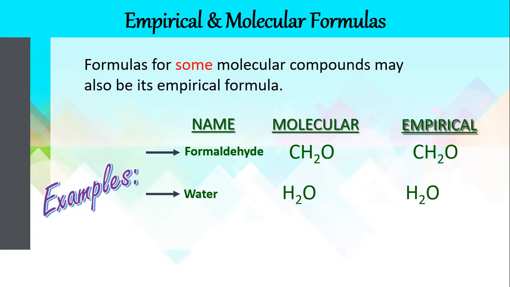For water, we all know that for every two hydrogens, you have an oxygen. So a molecule of water has exactly two hydrogens and one oxygen. Each oxygen in a water molecule is bonded to two hydrogens.